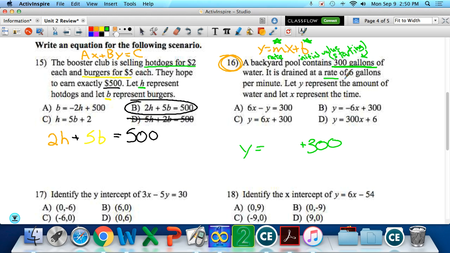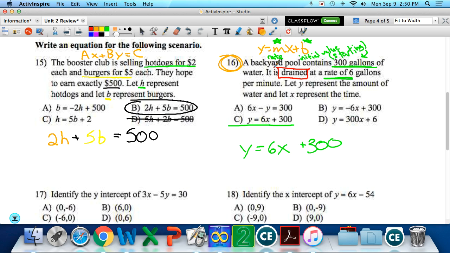A rate of 6. So people, this is where they get confused. They jump to the conclusion. They say, okay, 6x, boom, done, answer, good to go. But it's not. You have to understand what you just said with that mathematical equation. We want our pool to be drained at this rate.